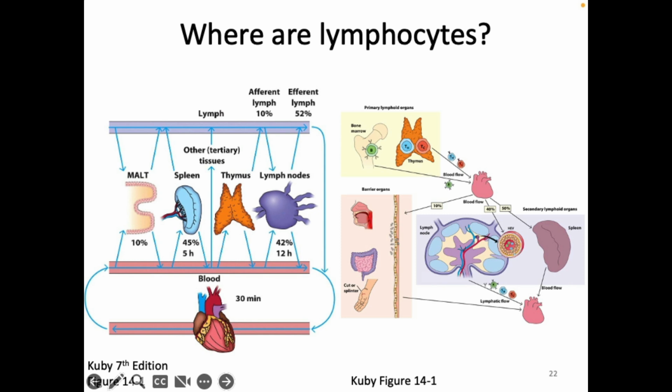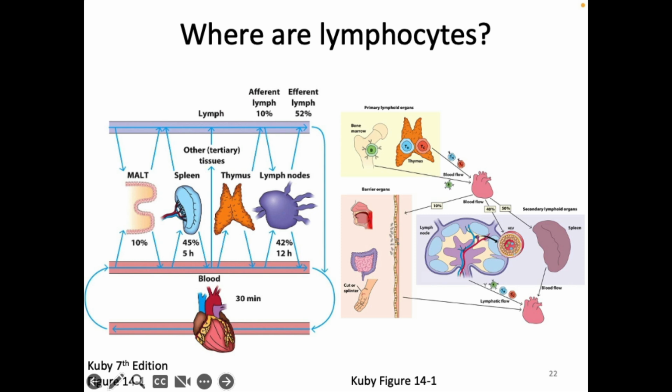But what I want you to notice is that I believe this wants us to say that 50% are in the spleen, 40% are in the lymph node, and 10% are elsewhere. Here you can also see some of them are leaving the blood and going into mucosal tissue, and they're saying that's 10%. Like 45% they're saying is in the spleen, 42% is in the lymph nodes.